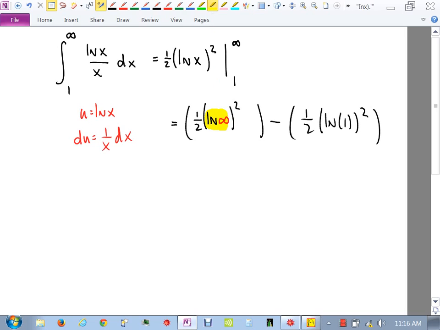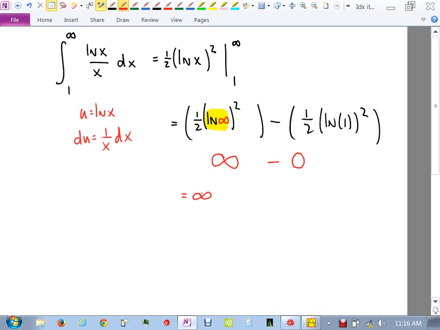You're saying to yourself, what is the natural log doing as you go out to infinity? It goes to infinity, doesn't it? So that becomes infinite. So this infinity squared is infinity, and 1/2 of that is infinity. So this whole thing is becoming infinite. Then minus, over here, natural log of 1 is 0, squared is 0, 1/2 of 0 is 0, so that's 0. So you get infinity minus 0, which is infinite.